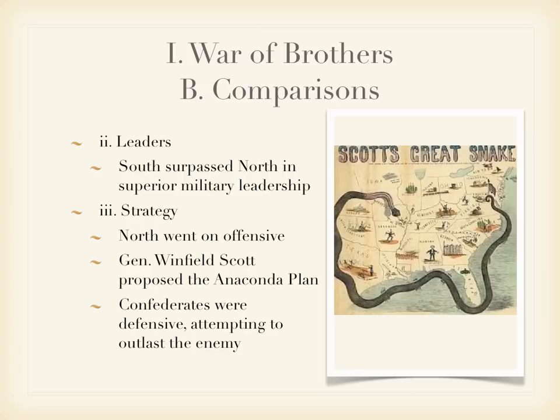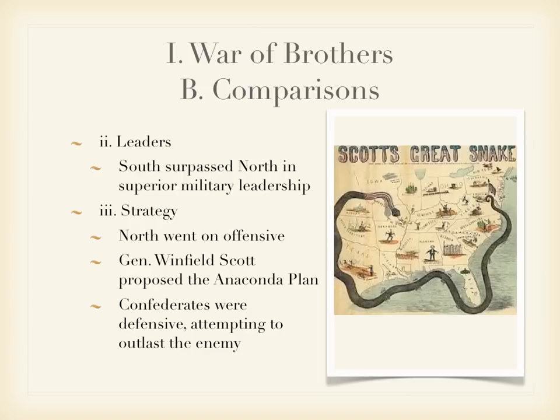It goes around, you see the Atlantic over here, the Gulf of Mexico, and then going up the Mississippi. Well, it kind of goes up the Mississippi, but he's got it in this picture drawn out further west. But this is the whole goal, to choke out the South, and that's why it's called the Anaconda Plan, because anacondas constrict, right? They wrap around their enemy to choke them out.